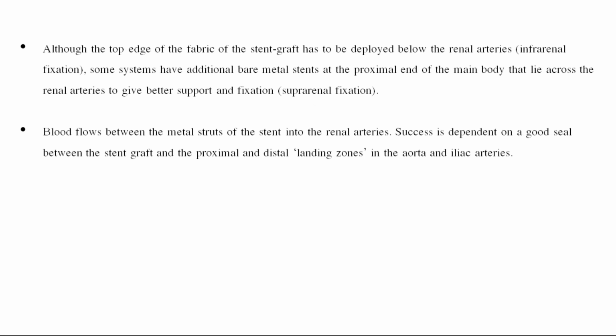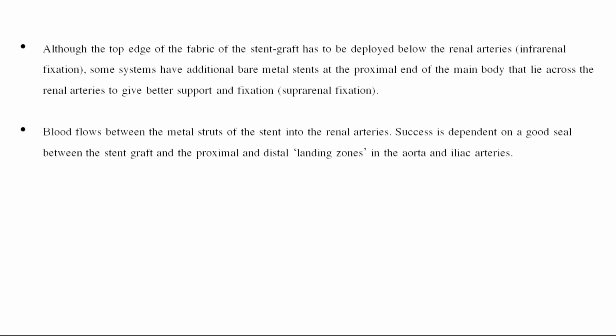Although the top edge of the fabric of the stent graft has to be deployed below the renal arteries, that is the most common origin of the abdominal aortic aneurysm, this is infrarenal fixation. Some systems have additional bare metal stents at the proximal end of the main body that lie across the renal arteries to give better support and fixation, that is suprarenal fixation.